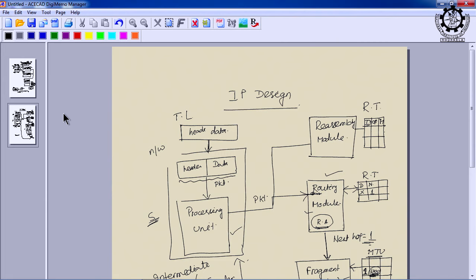So, when all the fragments are stored in the reassembly table and it finds that M is equal to 0 for the same ID, and the offset has come as per the total length of the original data, then it informs the reassembly module to build up the final datagram, combining all the fragments from the reassembly table, and then it is sent to the upper layer, that is the transport layer of the receiver.